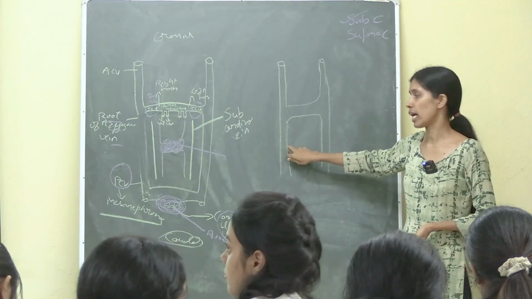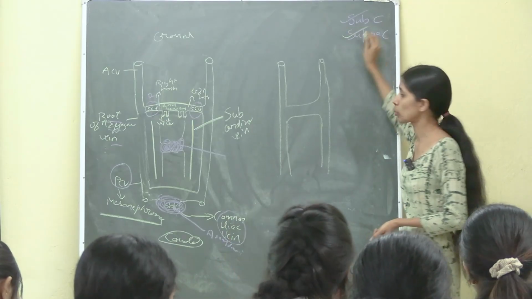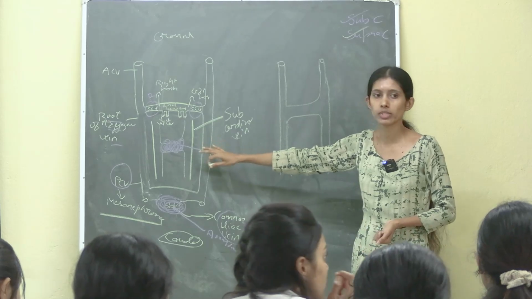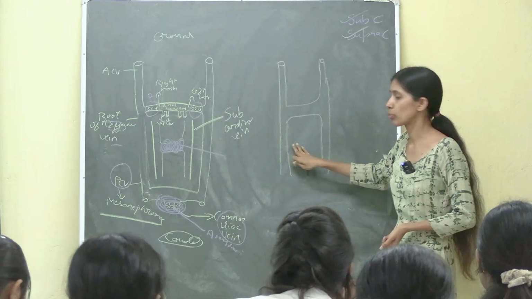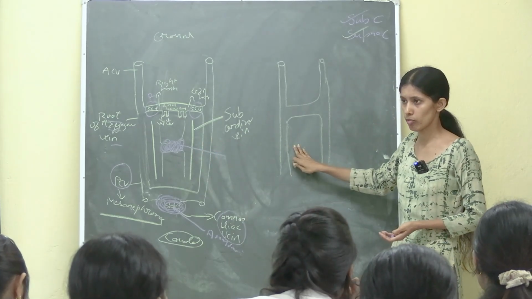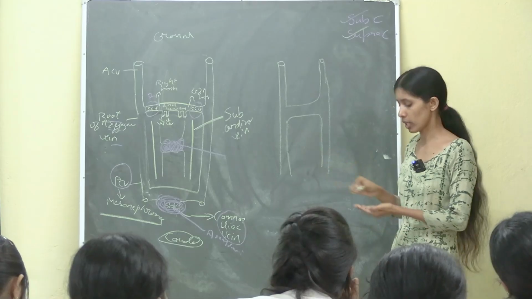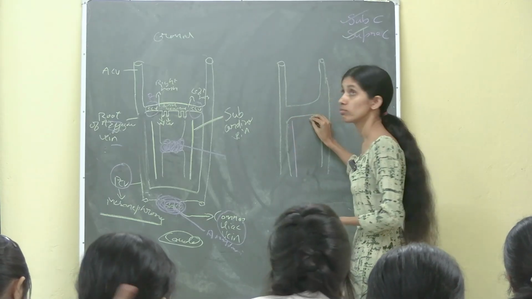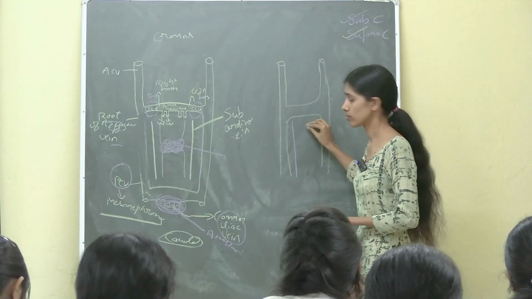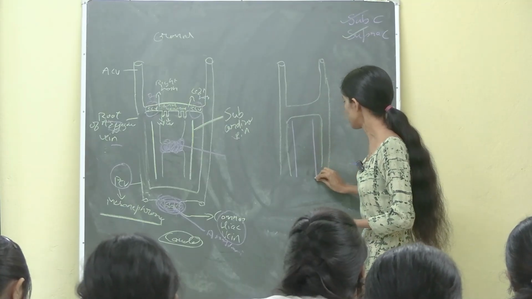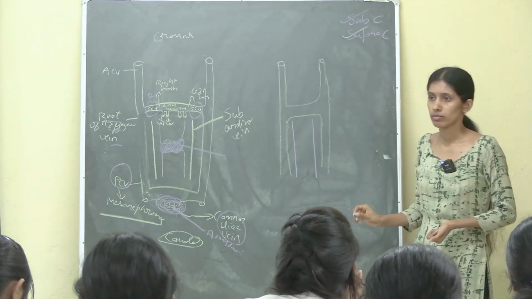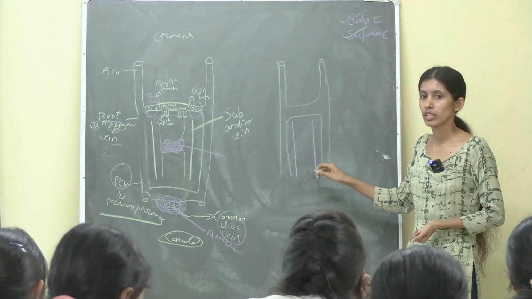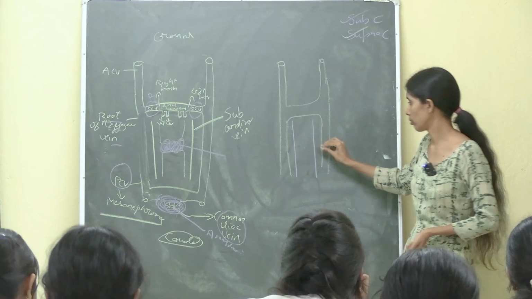So in the second part, we can see the supracardinal vein. Once the subcardinal vein is formed and forms the anastomosis, now the supracardinal vein is going to form. Okay. Again, this is the supracardinal vein now.